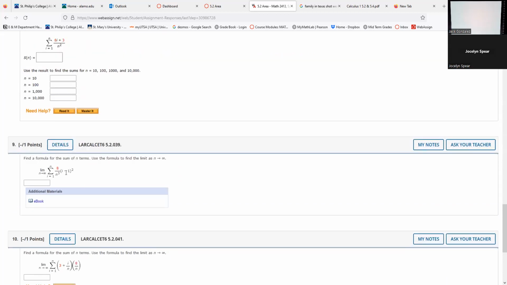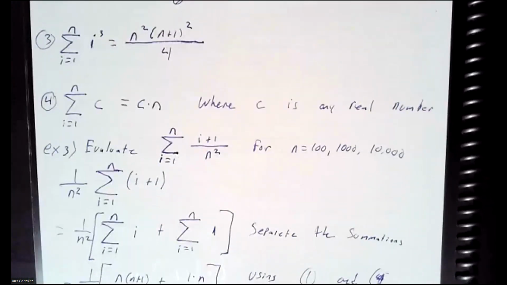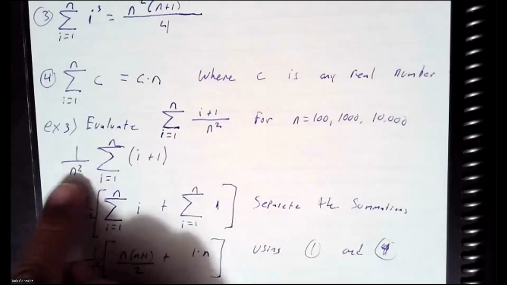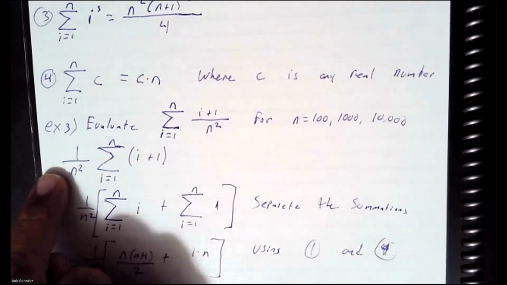Number 9 is almost the same thing, but as soon as you apply the formula, you have one final step. You take a limit. So let's say this last example over here. Let's pretend there was a limit in front of this guy, right?